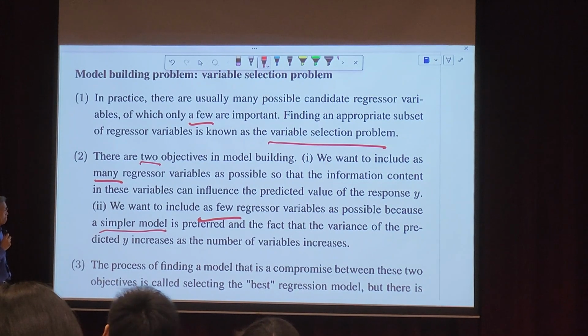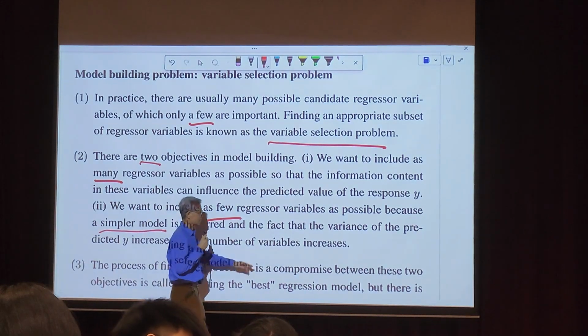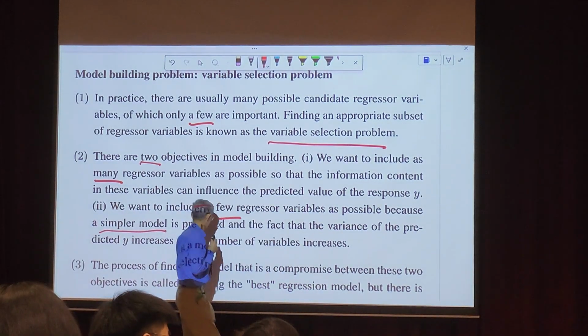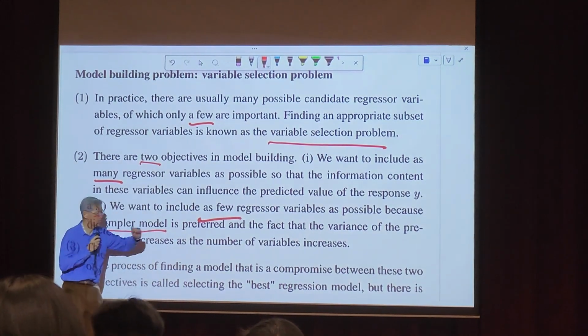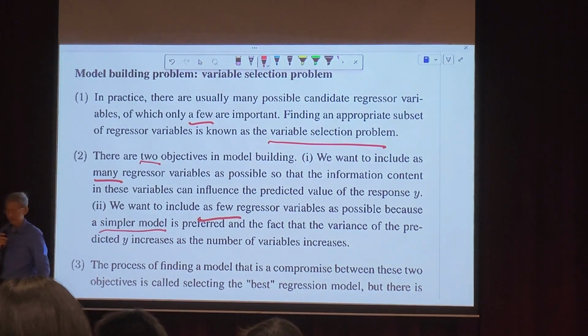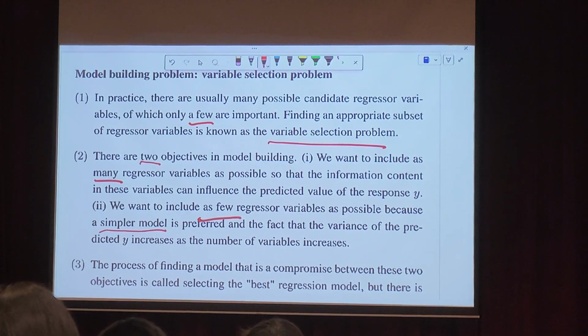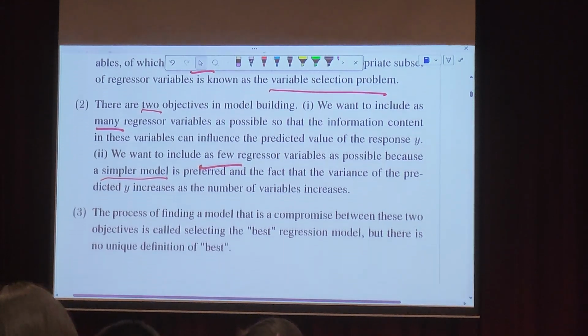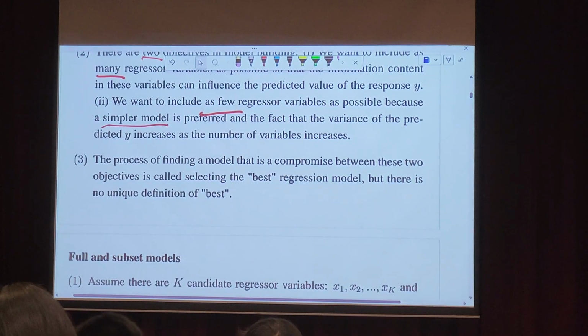And one important fact is this: the variance of the predicted y increases as the number of variables increases. The more variables you have, the less accurate you are in prediction. So it's a compromise.